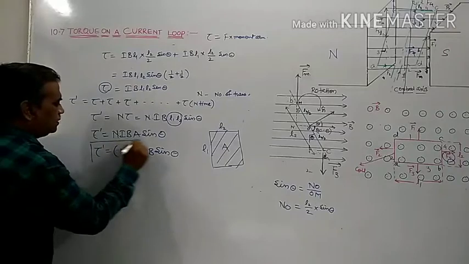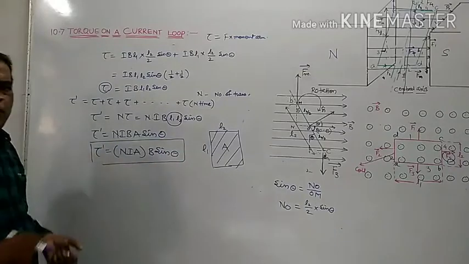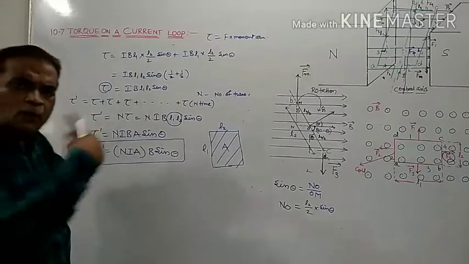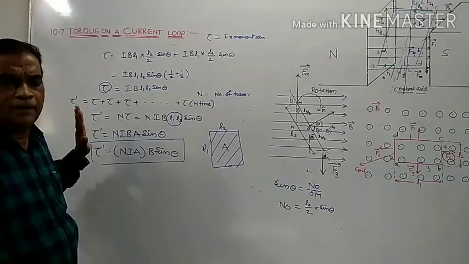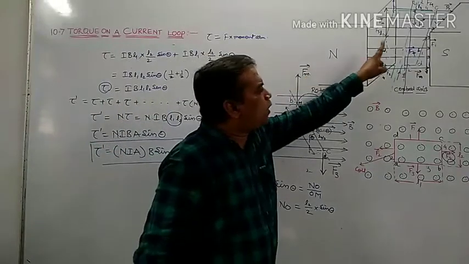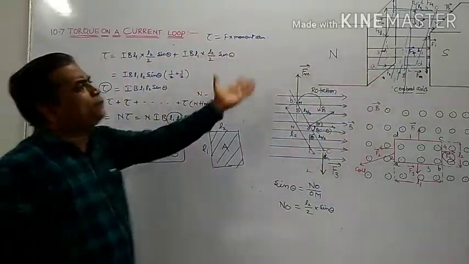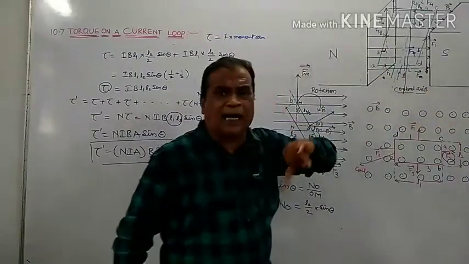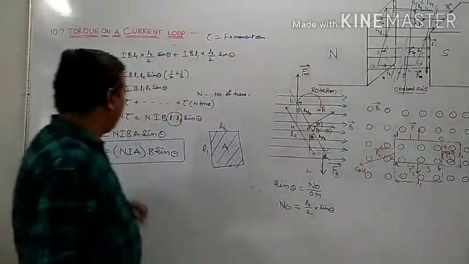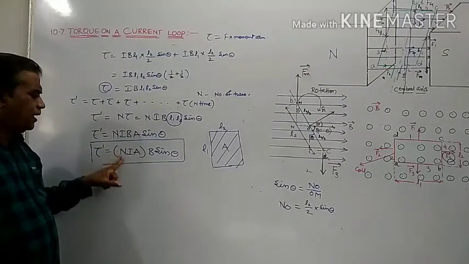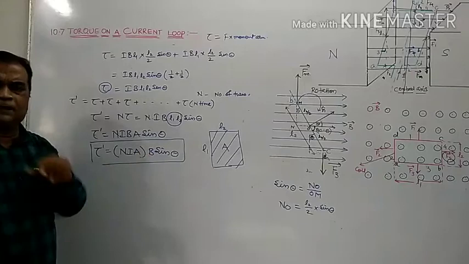So this is the expression for torque acting on a coil of any shape, but it is a flat coil having n turns. The torque acting on any flat coil having n turns, carrying current I and kept in a uniform magnetic field, is tau equal to N I A B sine theta.